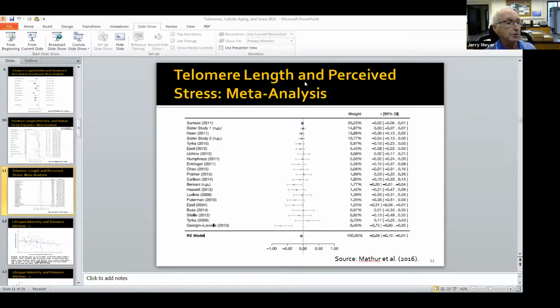But here with perceived stress, we see that most studies did not find a significant association between telomere length and perceived stress, except for one study over here that had quite a substantial effect. There's a very small effect size overall. So mathematically, there was a small association of reduced telomere length with perceived stress, but it's really not robust at all.